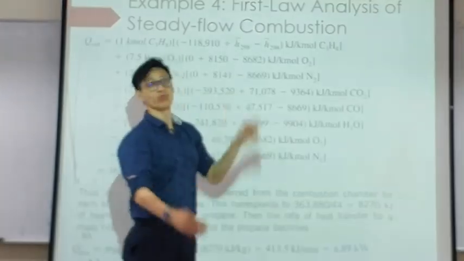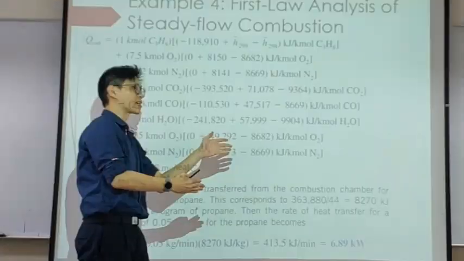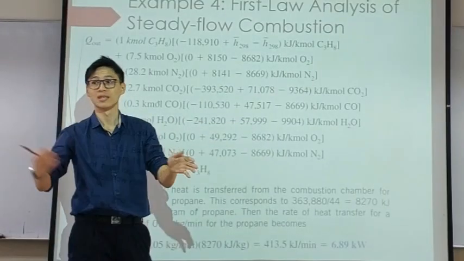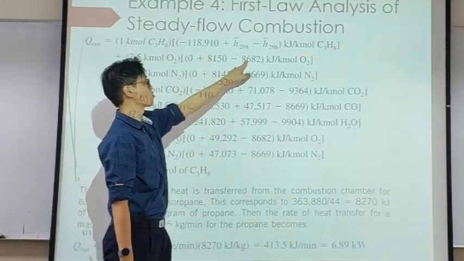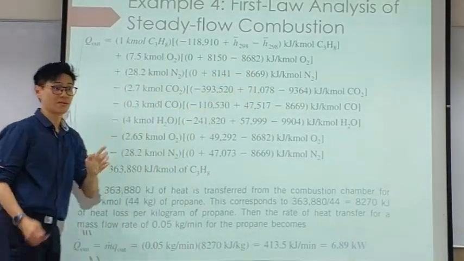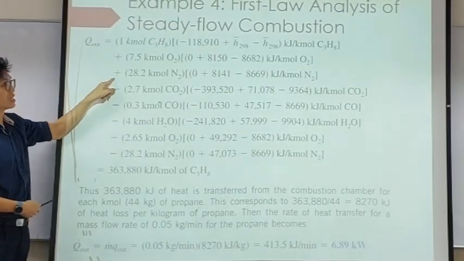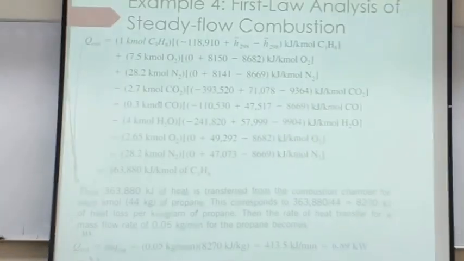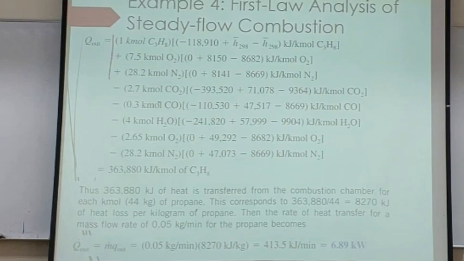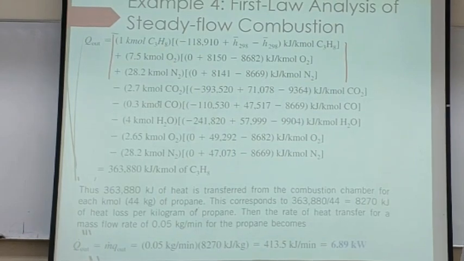This one is what you usually do, the change in the state. So this is from 7 to 25. So these three are the reactants. So you can see we total them up.